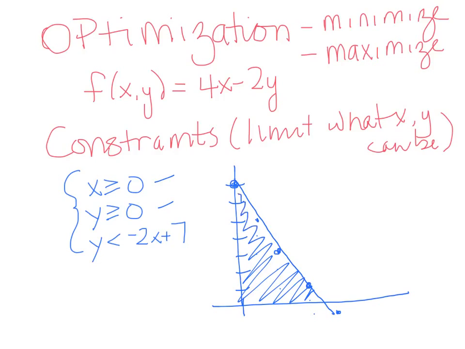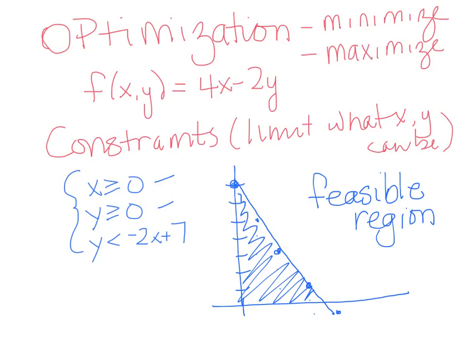What I've drawn, the shaded area, is the solution to those three inequalities, what I call a feasible region. So x and y can be anything as long as that point lies within the feasible region. Those are the only things I can consider for my x and y values when I'm trying to maximize this function.